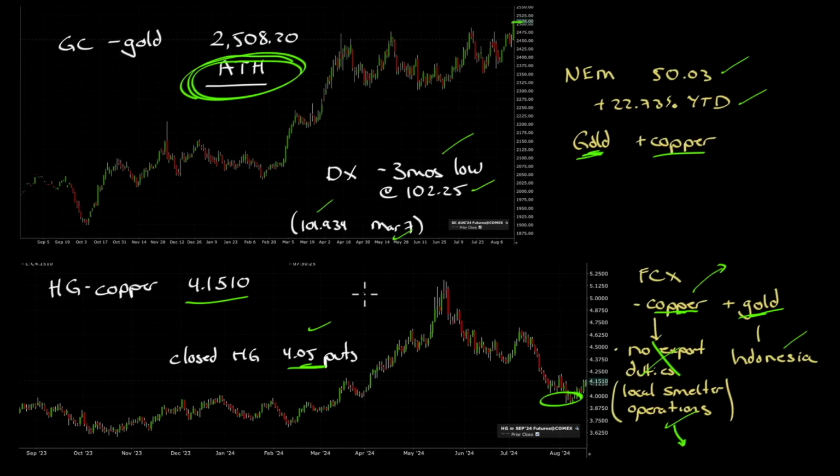You have Jackson Hole coming up, and if he suggests that they're just not there on the 50 basis point rate cuts, that the market is way ahead of itself, that could strengthen the US dollar. You strengthen the US dollar, these prices have downward pressure. I mean, they can still go up with a strengthening US dollar on their own fundamentals, but it still would put downward pressure.